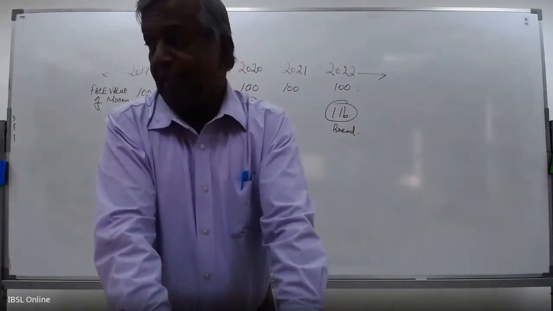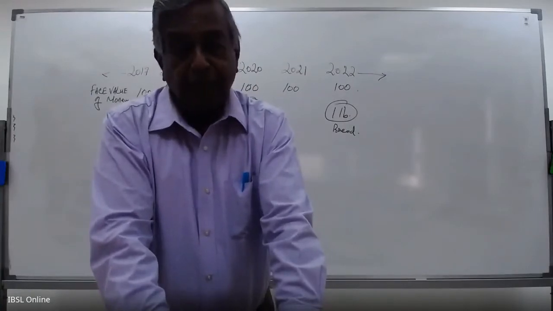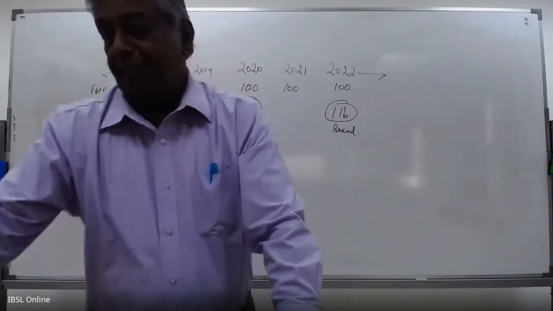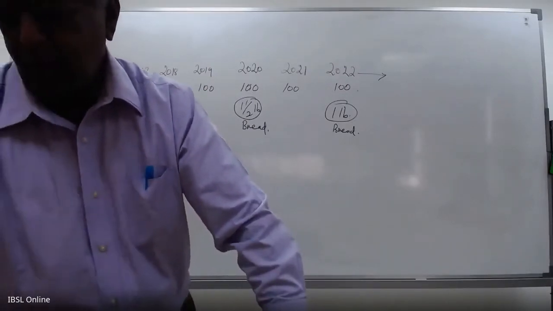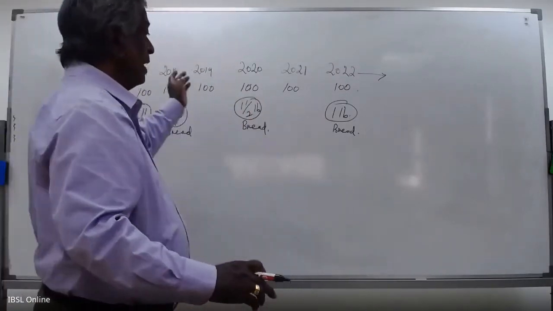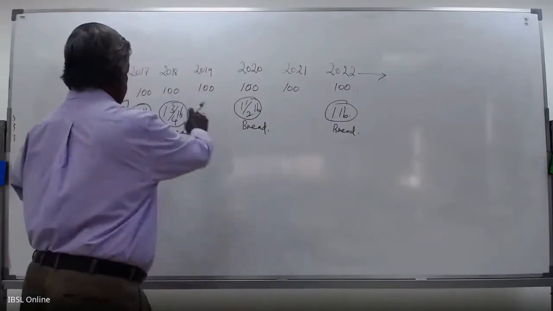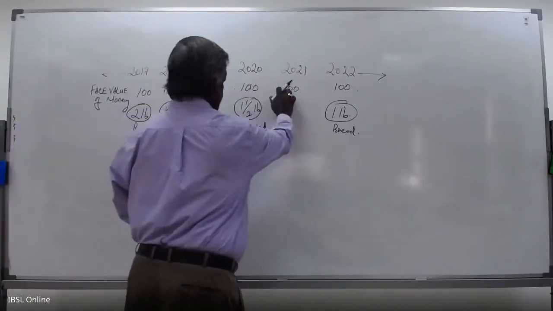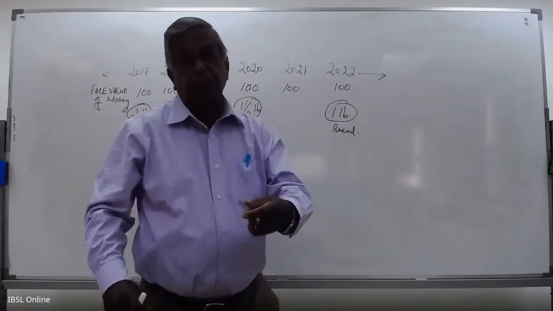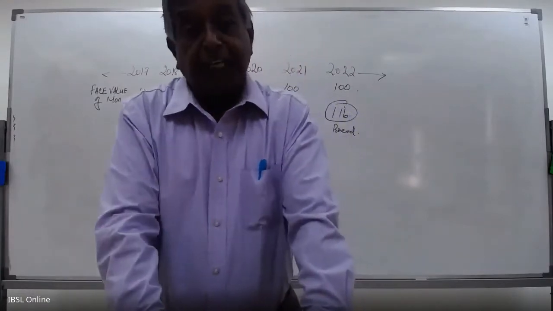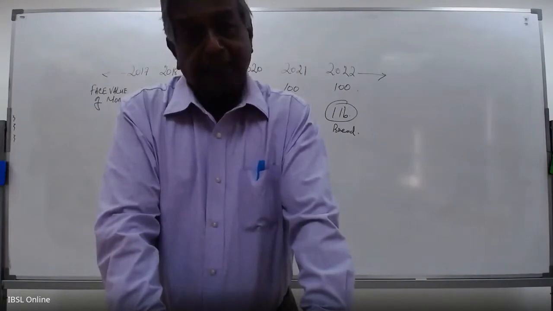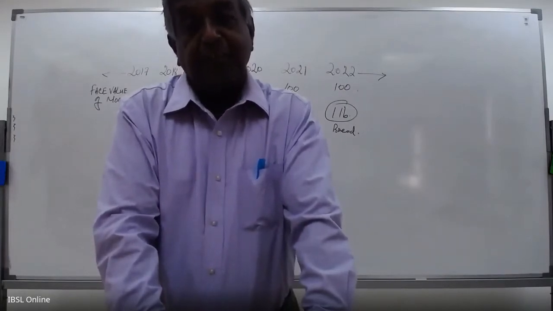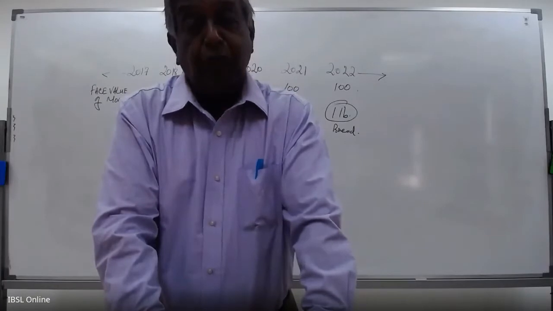We call it the real value of money. Once again, I repeat, while the face value of the money remains the same, the purchasing value or the real value of the money is getting diminished. This is what we are calling time value of money.